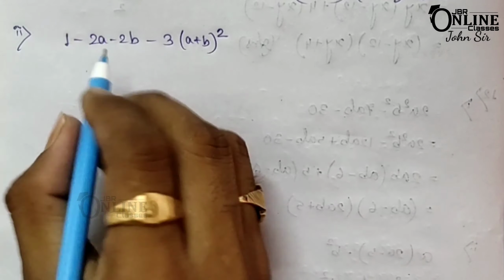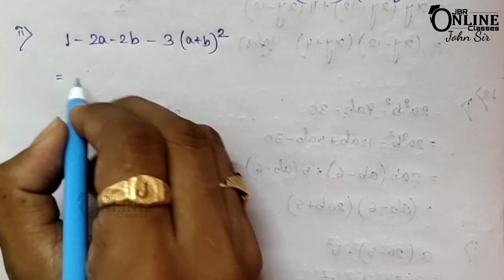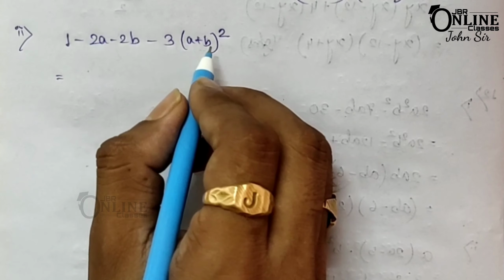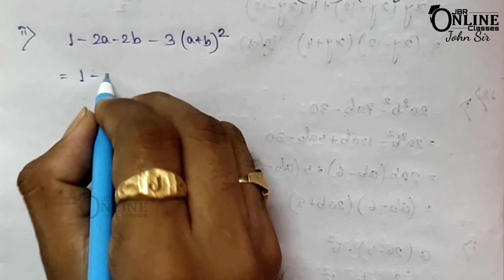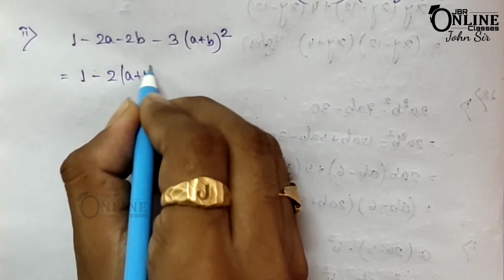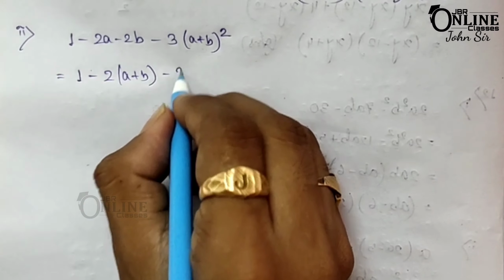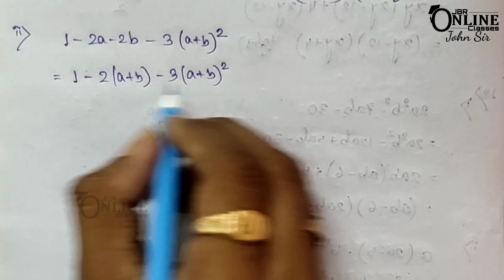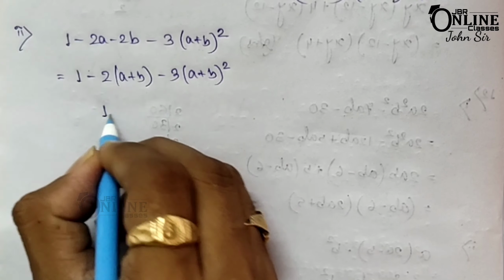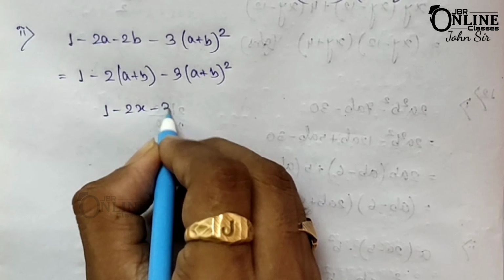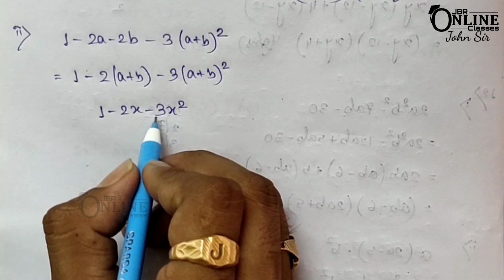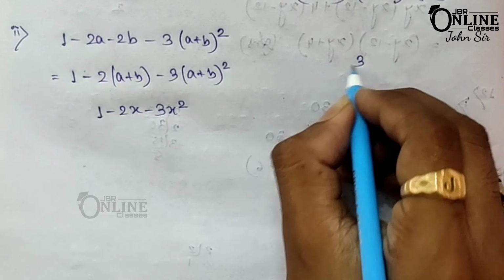Now next problem, sum number 14(2). Here 1 minus 2(a plus b) minus 3(a plus b) whole square. Here 2 will be common, it becomes 1 minus 2(a plus b), and here (a plus b) whole square. Now you can let a plus b as x. So write down 1 minus 2x minus 3x square. Here 1 into 3 becomes 3.